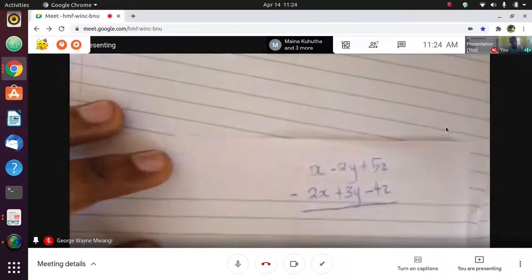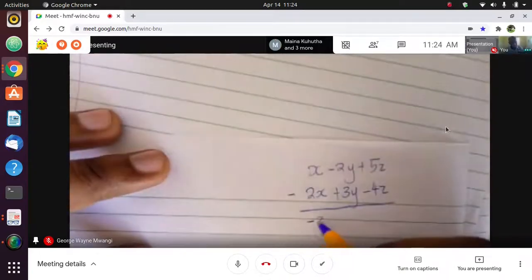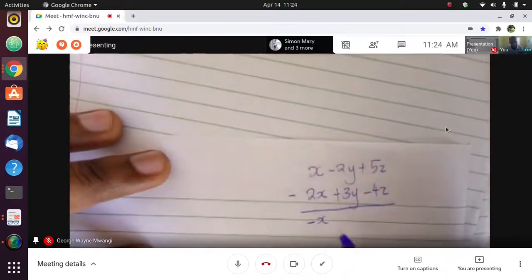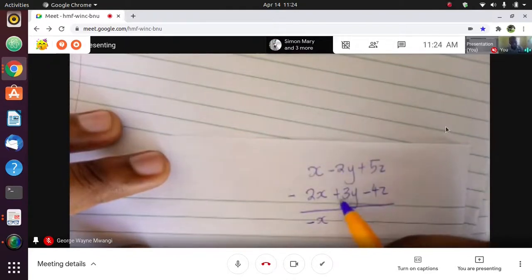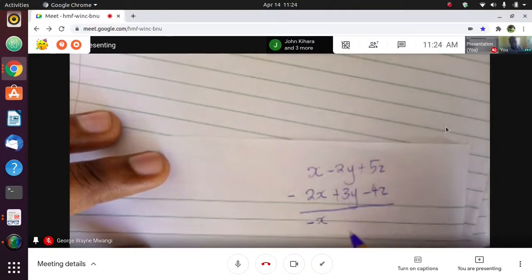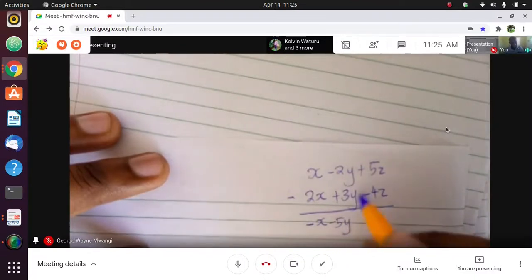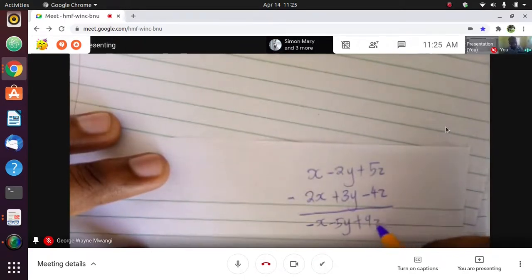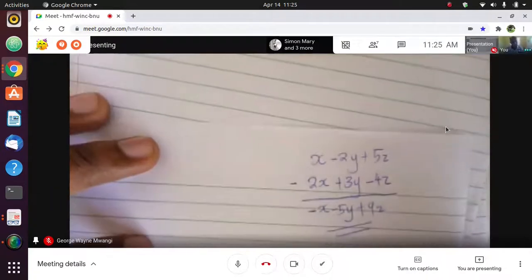So x minus 2x will be minus x. Minus 2y minus 3y will be how much? Minus 2y minus 5y. And then 5 minus minus 4, z will be how much? 9z. Plus 9z. Okay?